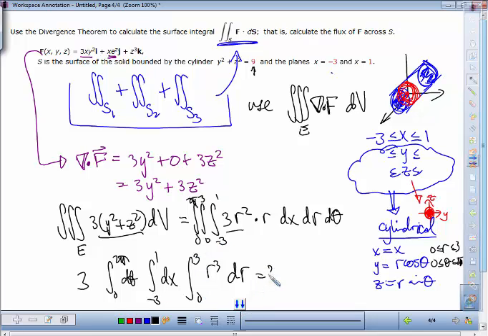So what is this? This is 3 times 2 pi times what is this? 1 minus -3, is that 4? And then now we have r to the 4th over 4. So we have 3 to the 4th, 3, 6, 9, 81.